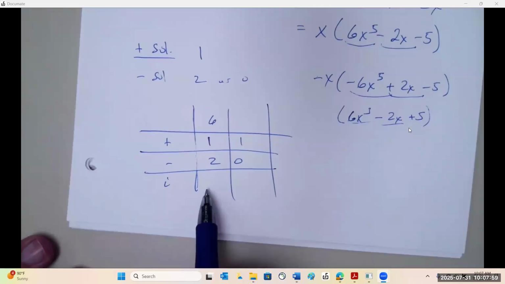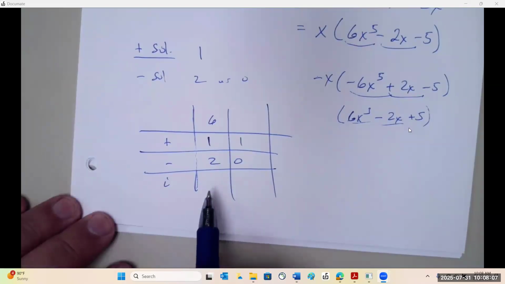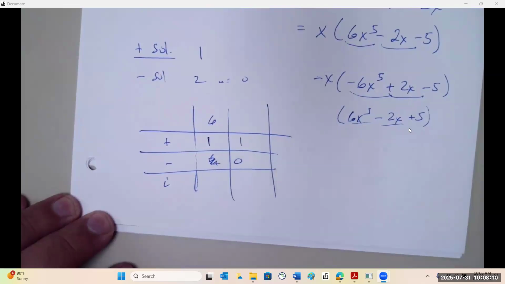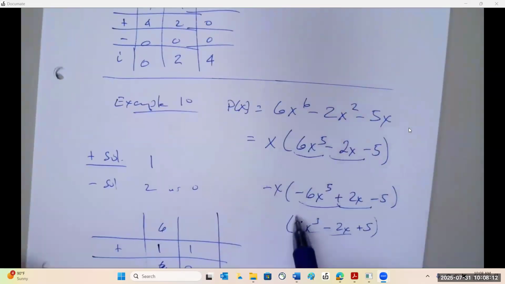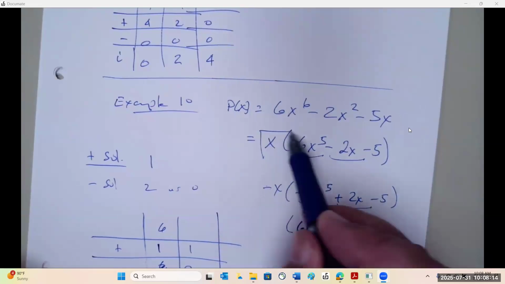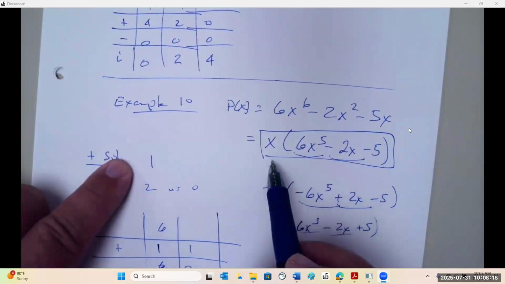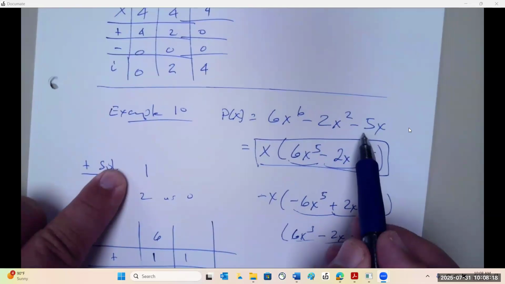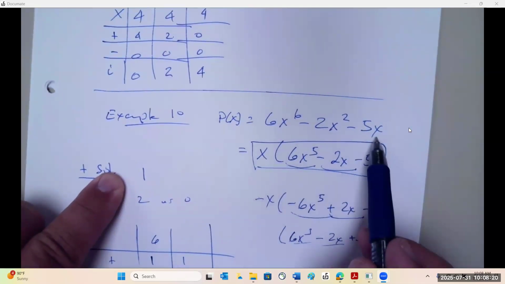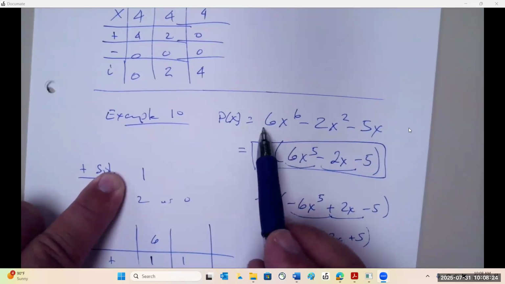Uh-oh, something's not right here. Can you have an odd number of imaginaries? So there's something wrong. This is what's wrong. Once you factor out, you can do that for the positives, but for the negatives, we have to go back over here. What signs change for the negatives? Does that one change?